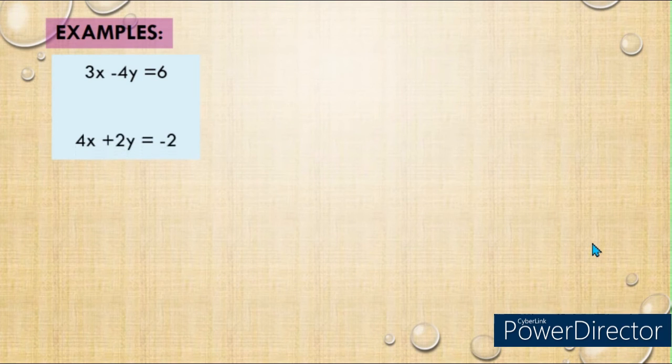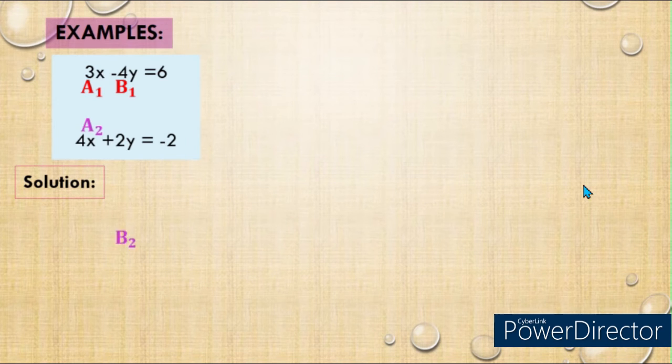Okay, so let's try to answer the following. So we have here 3x minus 4y is equal to 6, and we have equation number 2, 4x plus 2y equals negative 2. So, identify muna natin. So, we have here the a sub 1, b sub 1, a sub 2, and b sub 2.